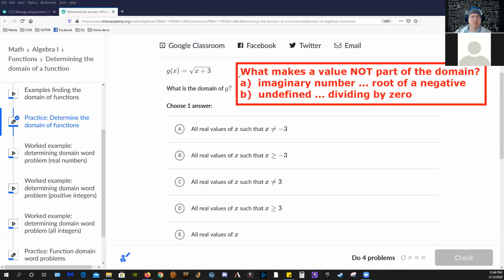So they gave us this function, g of x equals the root of x plus 3. And they're saying, what is the domain of g? So how do we make sure, for this particular problem, that this is not going to have any problems? How would we end up making this bad?